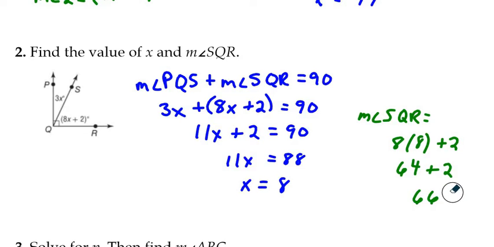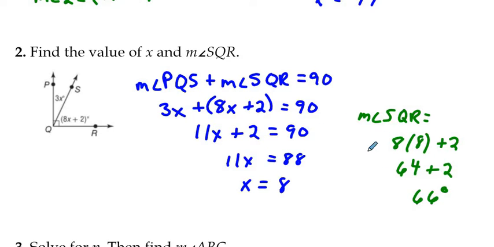Fix that degree symbol there for a moment. Didn't like how it was shown there. Alright, so that's example 2. Find the value of x in the measure of angle SQR. Remember, these two angles here, they are complementary because of this right angle symbol here. Their sum has to be 90 degrees.